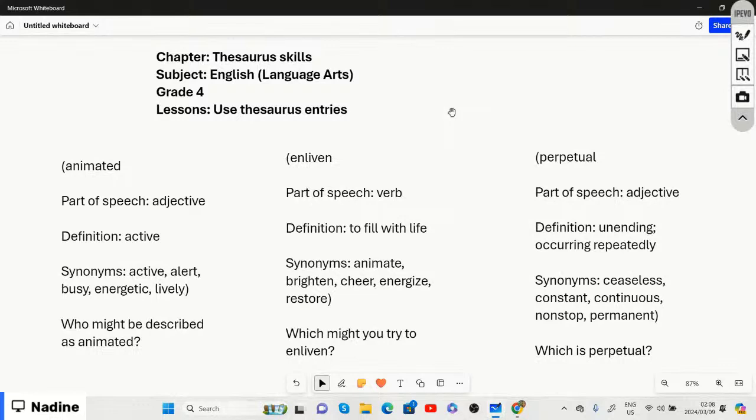Whereas a thesaurus entry has a bit of meaning, but then the rest is synonyms of that specific word. And it's also in alphabetical order.